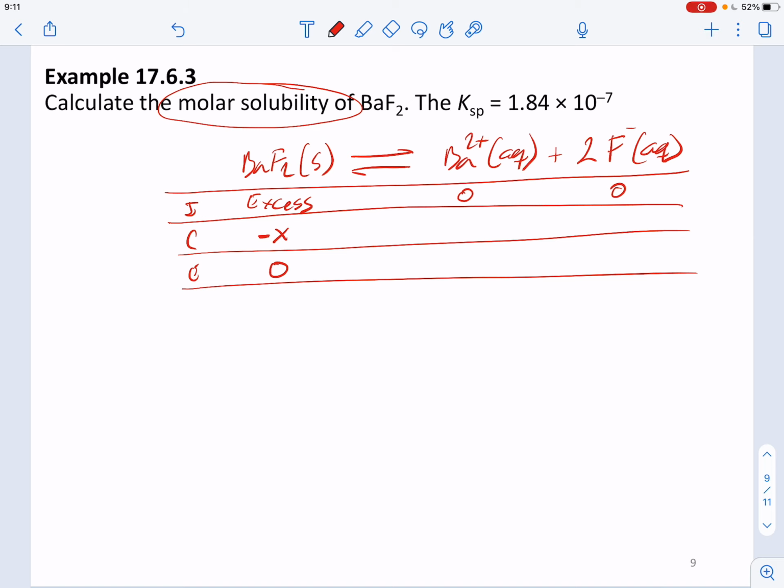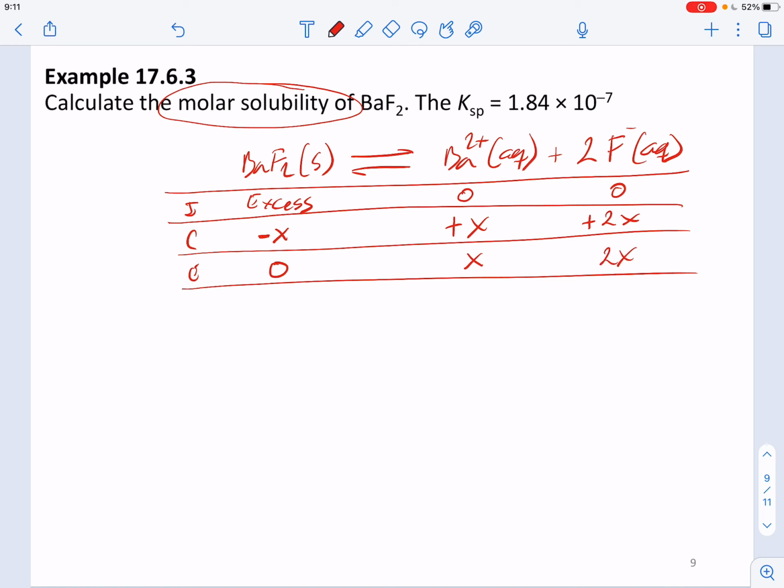That means that if you're dissolving x moles of barium fluoride, then the amount of barium 2+ that you're obtaining is x, but you are obtaining twice as much fluoride because for every mole of barium fluoride, you obtain 2 moles of fluoride. Therefore, this is plus 2x. So at equilibrium, you will have x for barium and 2x for fluoride.